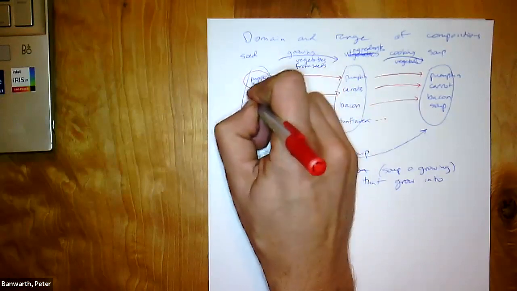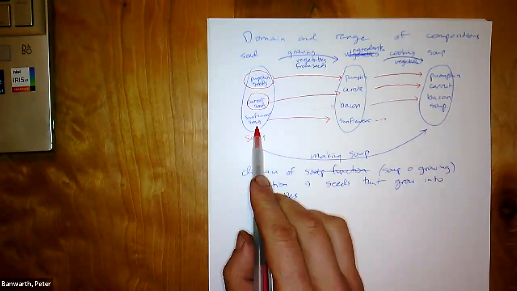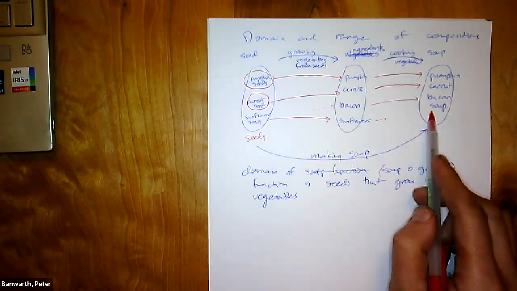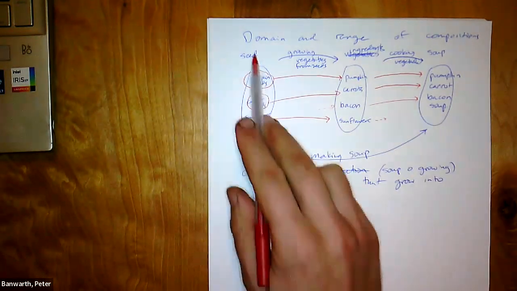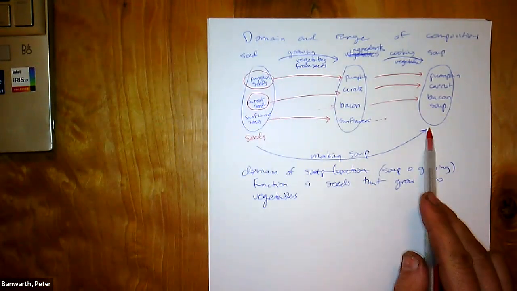Pumpkin seeds and carrot seeds grow into vegetables, which then I cook into soup. The sunflower seeds, they don't get to be part of my soup. So even though they're in the domain of my growing function, they're not in the domain of my composed function.